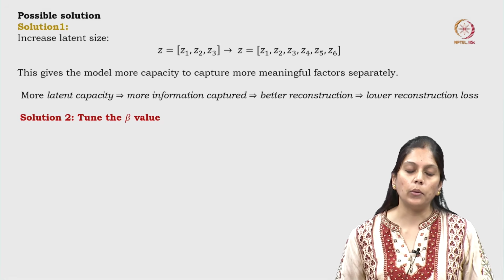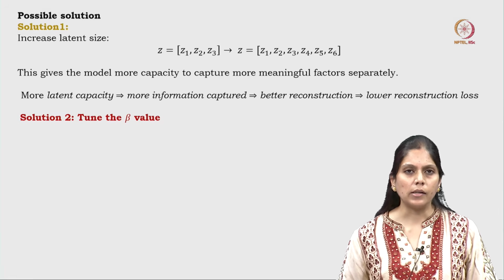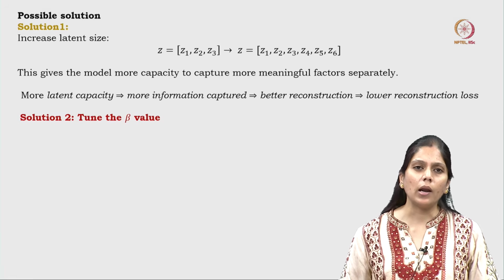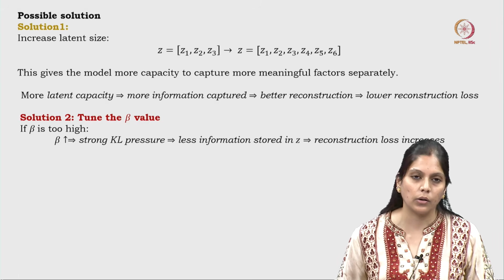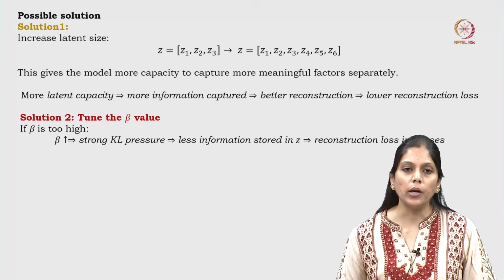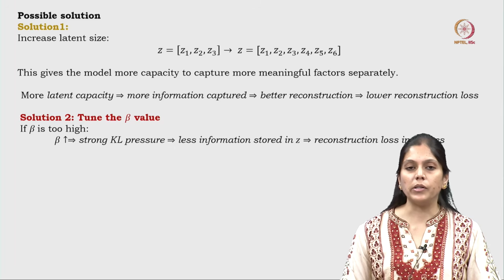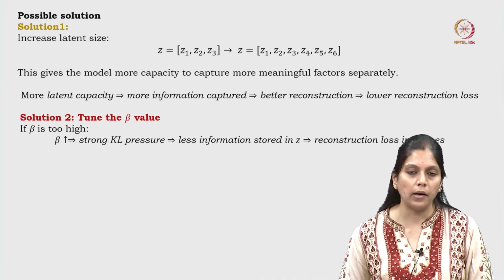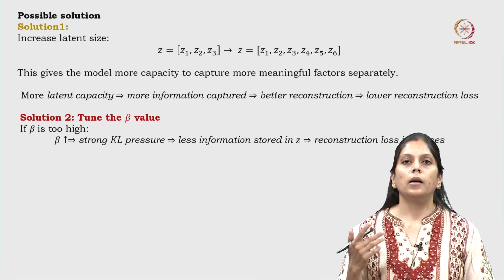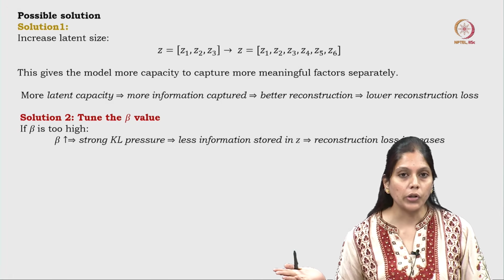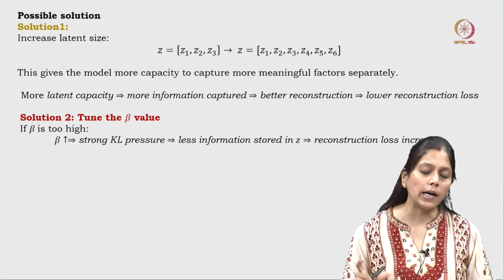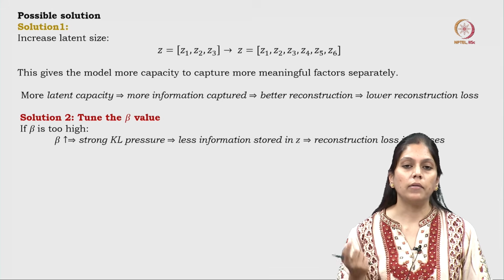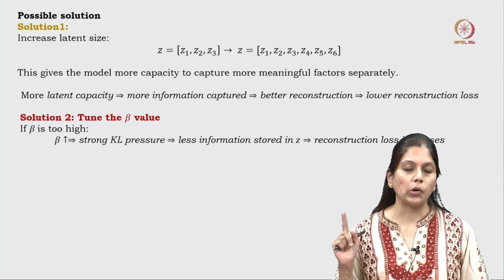How do you tune the beta value? We have seen some time back, if the beta value is very large, then the reconstruction quality is very poor. If the beta value is very large, there is more enforcement on the KL term, which means the mean should remain closer, and we get a very weak Z. If that Z is very weak, reconstruction loss increases.